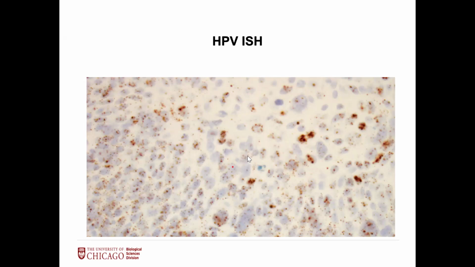They're going to look like these tiny little dots, not often this strong. You have to look on high power, really closely, to see that it's truly positive. Sometimes it'll jump out at you, but just FYI, this can be very speckled, very delicate, very dainty positivity, and it counts. It's true. This is telling you that the virus is there.